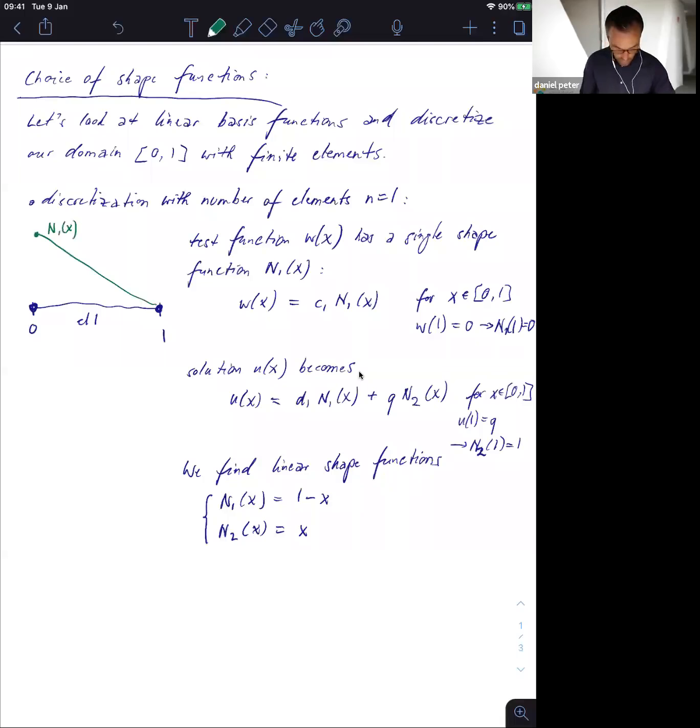And N2 would look like this, starts at 0, goes to 1. That would be N2 of x. So these are our two shape functions. One element, two nodal points, two shape functions.